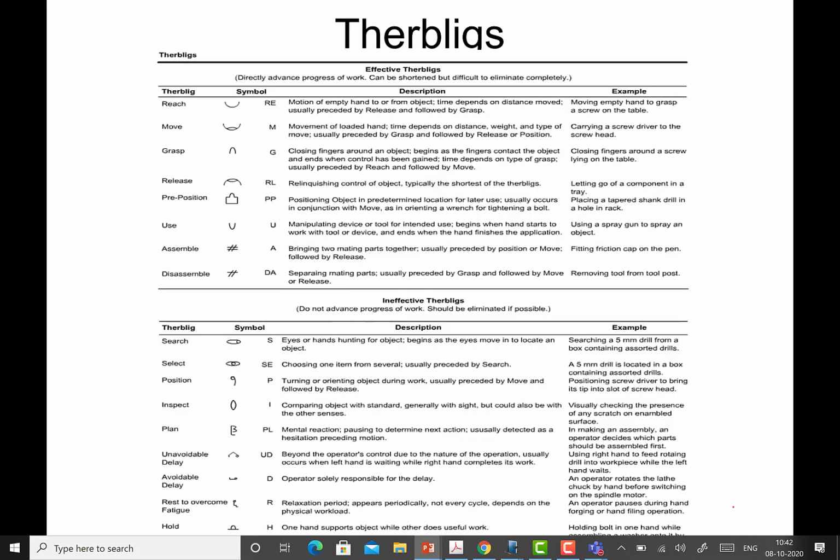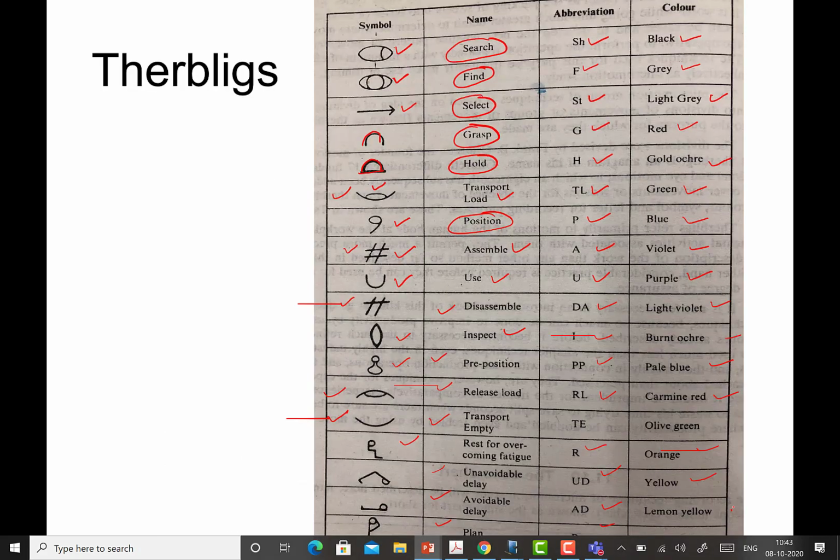Anyway, so these are the 17. Let me count how many there are: 1, 2, 3, 4, 5, 6, 7, 8, 9, 10, 11, 12, 13, 14, 15, 16, 17, 18. So 17 were developed by Gilbreth, and the 18th one was added subsequently.